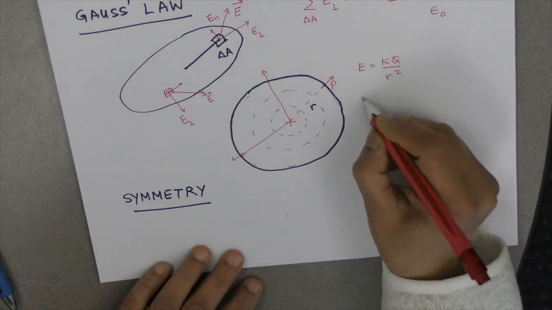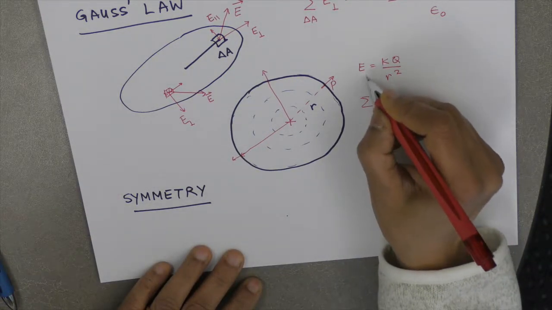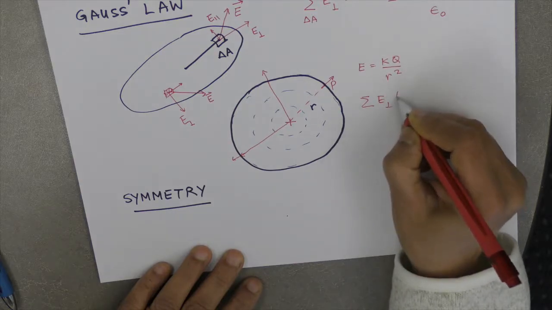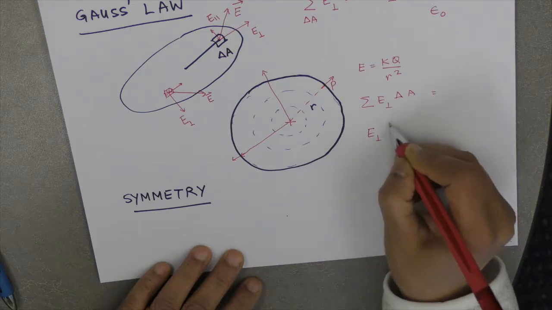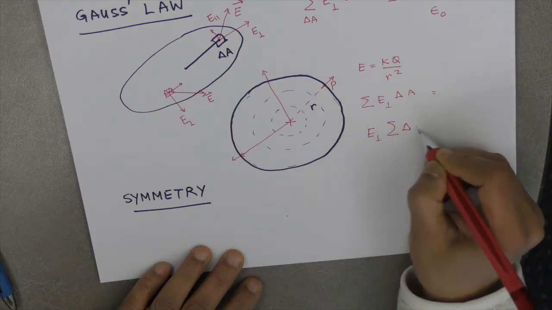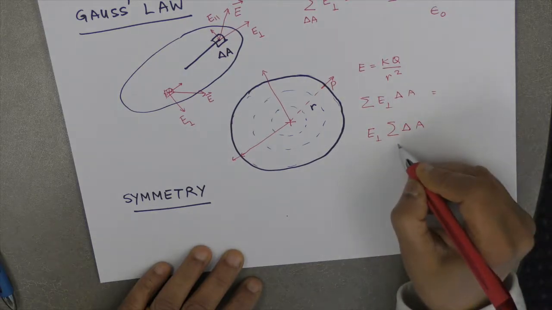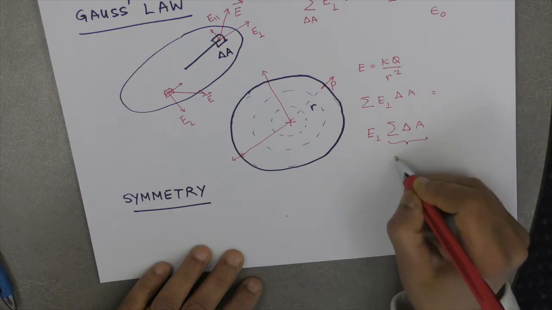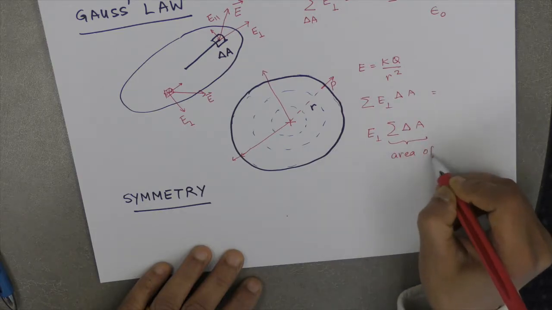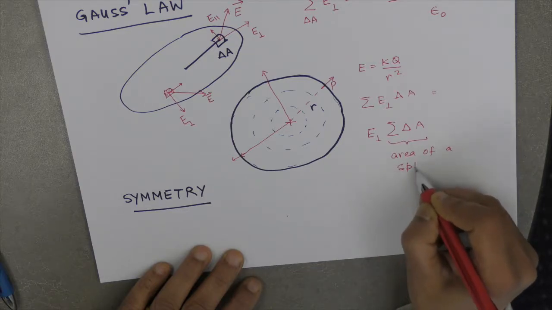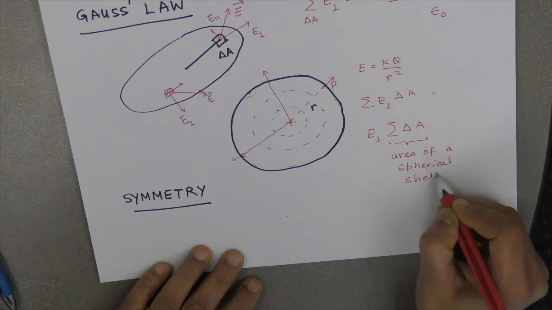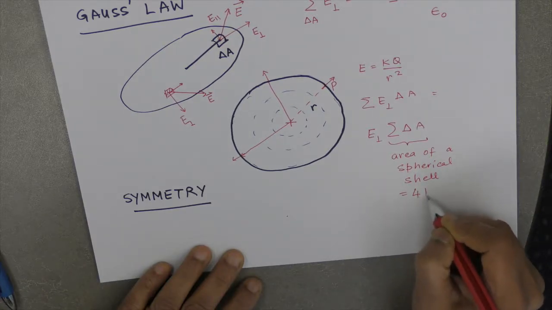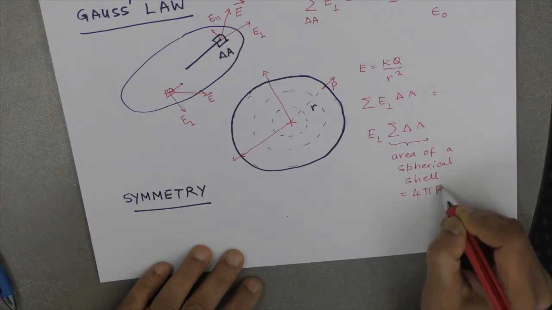I can write this summation of E perp delta A as E perp, which comes out of the summation, and I only have to sum up delta A. This is just the total area of a spherical shell, and that, as you know, is equal to 4 pi r square.